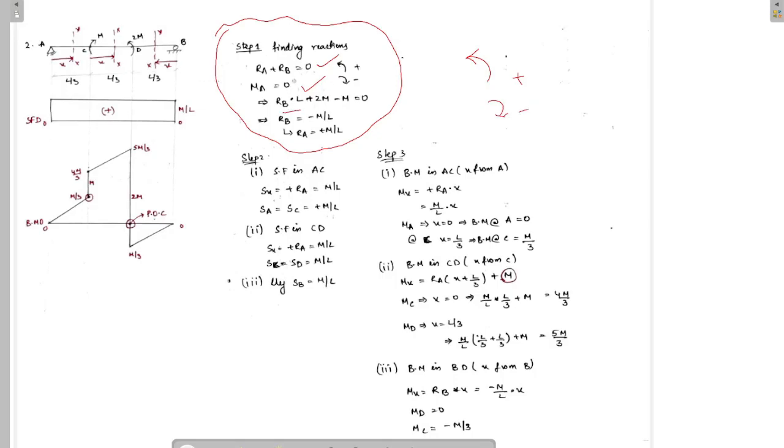See, RB into L. RB I consider as an upward reactive force acting. RB into L plus 2m is in the anti-clockwise direction, which is considered positive, and clockwise moment is considered negative.